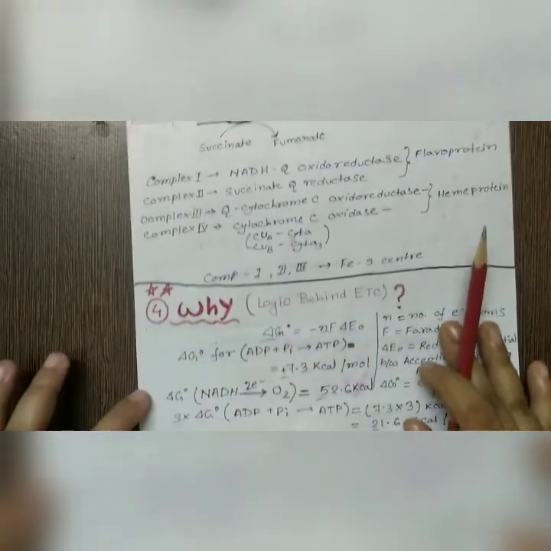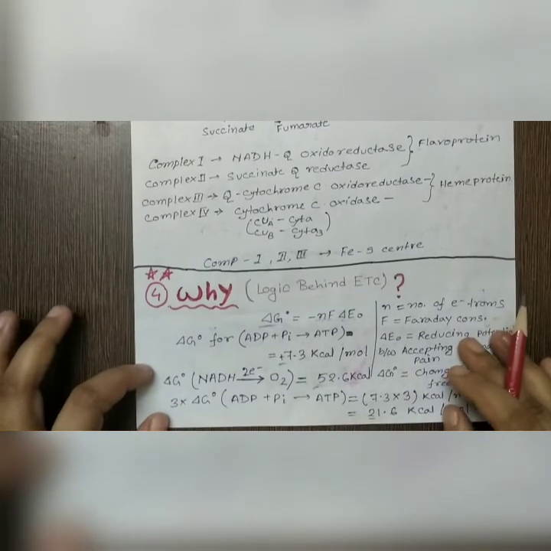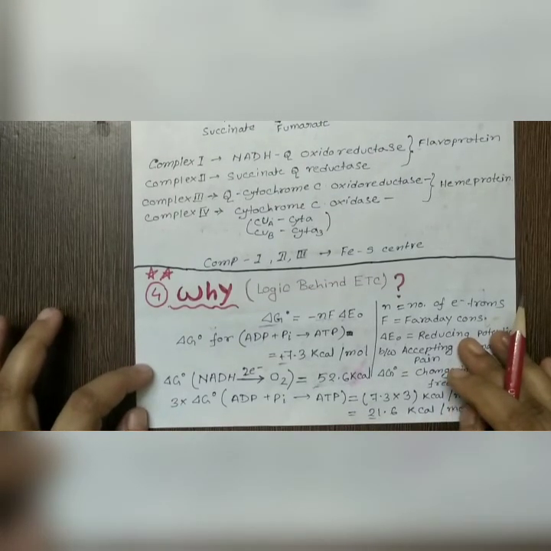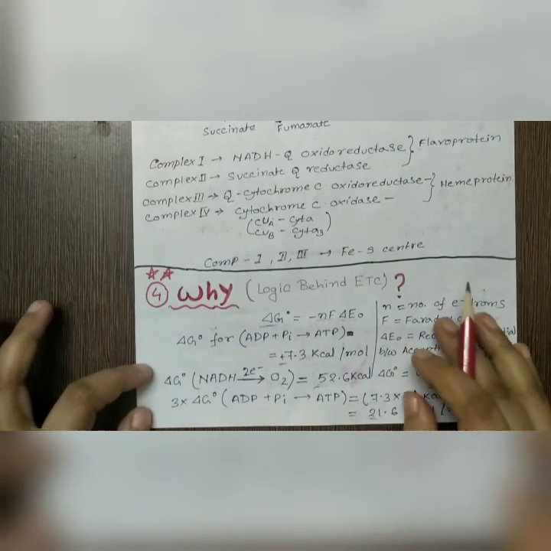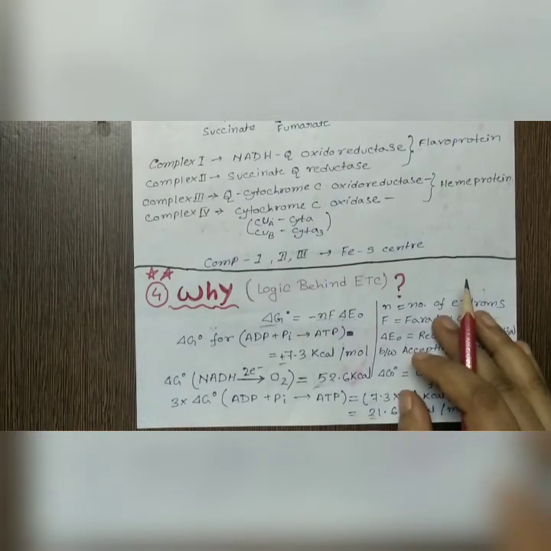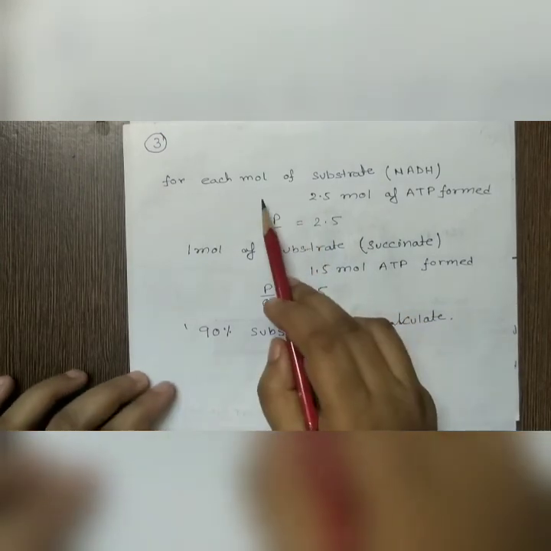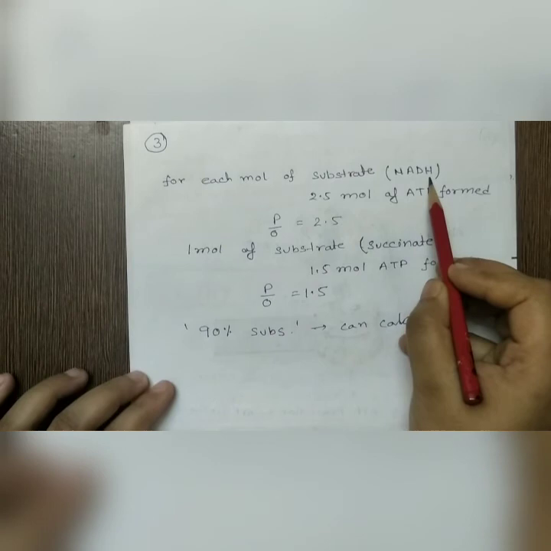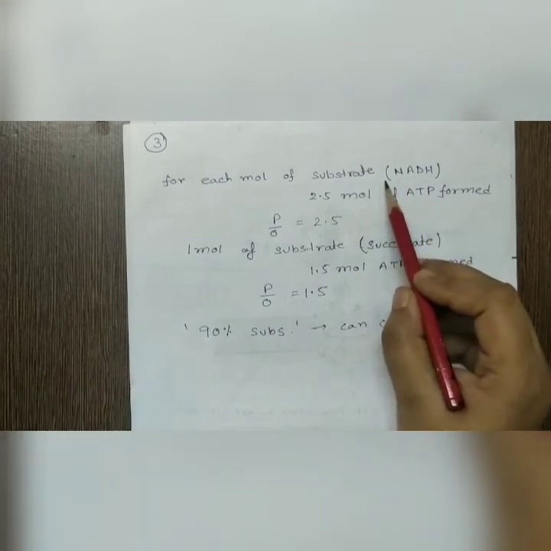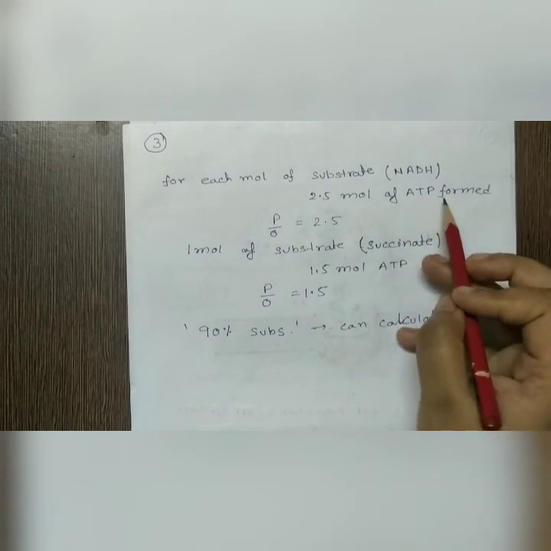And this calculation gives us the idea of how much ATP is produced from a particular substrate. Many books refer to this as the P/O ratio. This P/O ratio is calculated like this: if one substrate is taken, like if we are talking about NADH, for each NADH substrate, how many moles of ATP are formed.